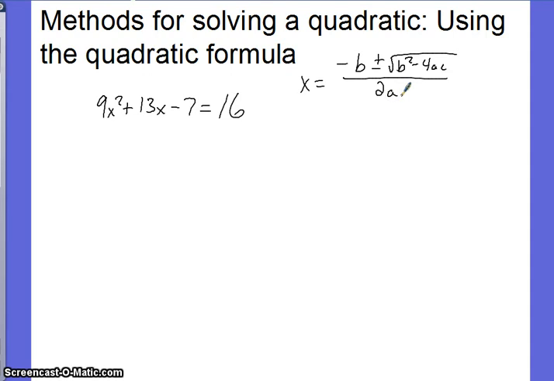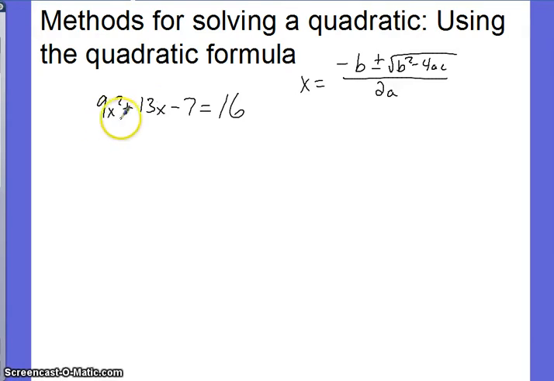So here now we're going to try to solve this. Again, our middle term here is not even. So again, using the quadratic formula is going to be better than using the method of completing the square. Here again we have our 9x squared, which is a perfect square term, so completing the square would be better if this middle term was even, but we can clearly see it's not. So we're going to use our quadratic formula.